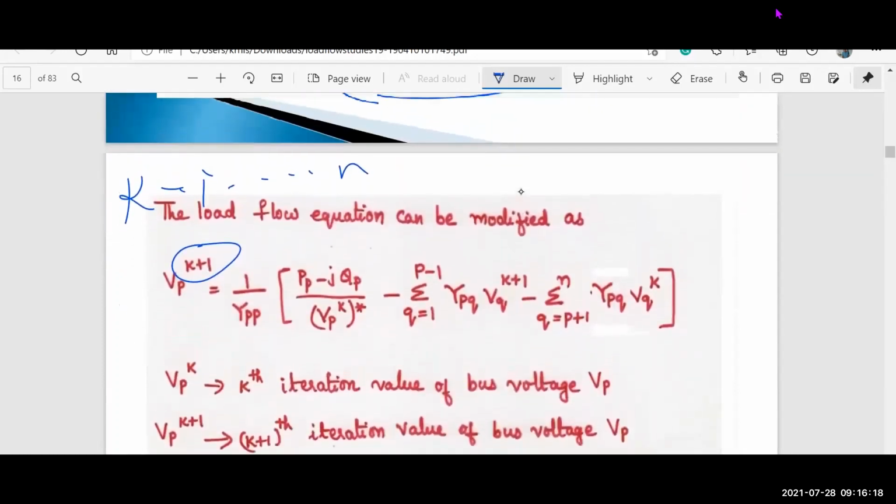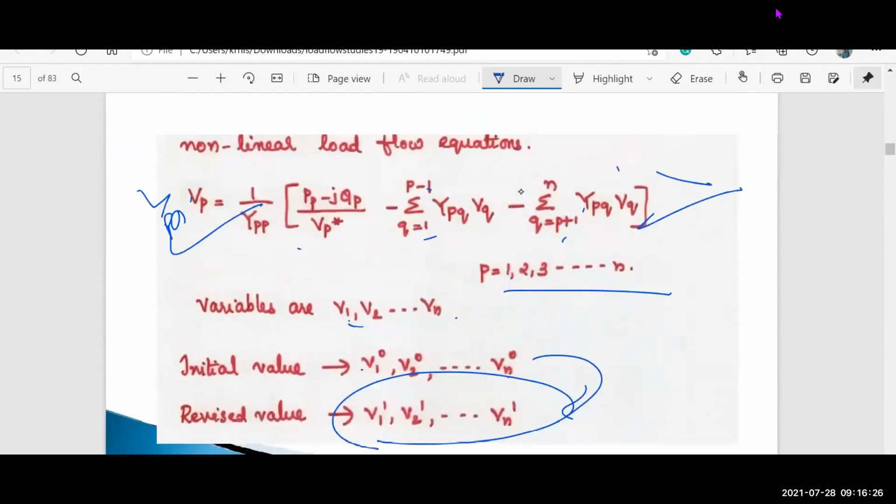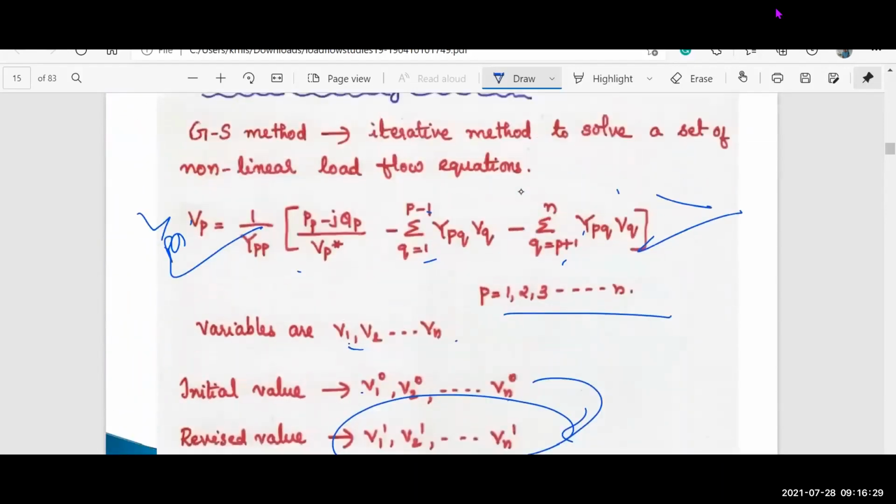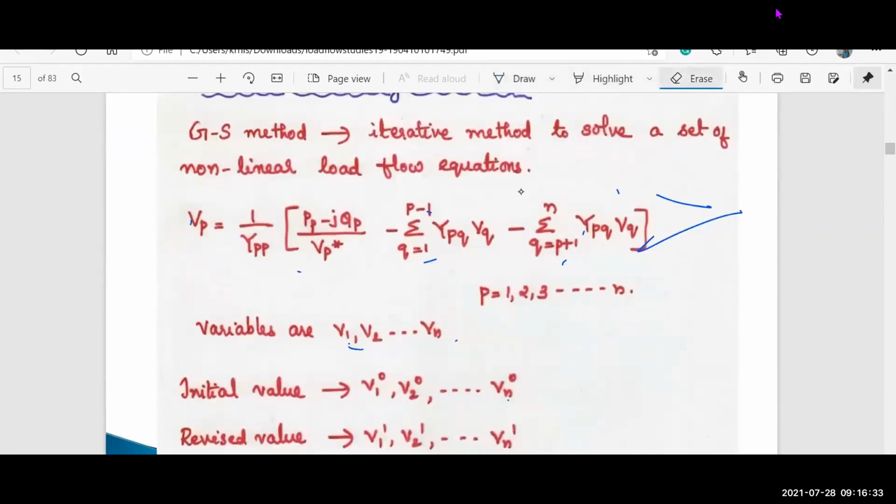So VP k plus 1 equals 1 by YPP. Same it is there, only VP k is there, meaning the next first value is this. The first data we'll get from here.